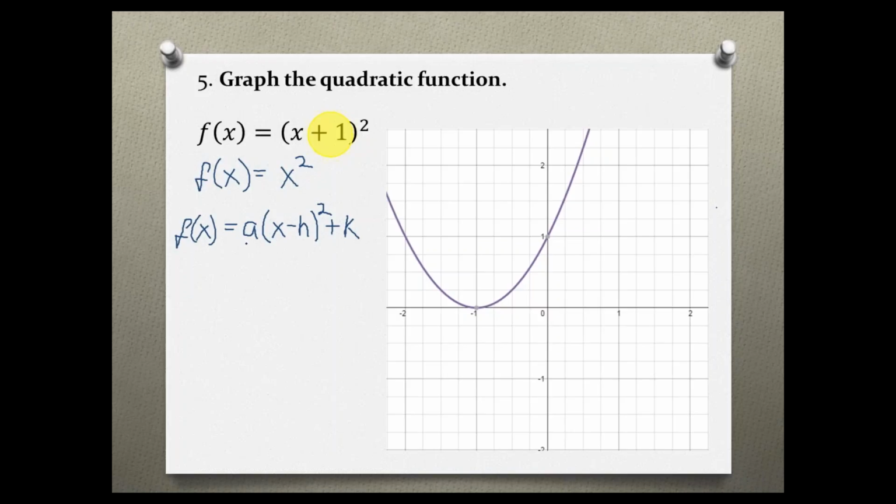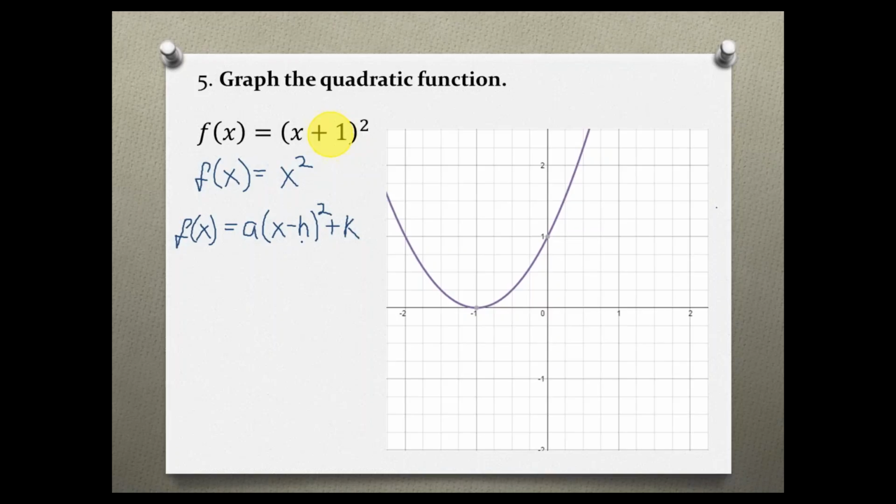So the a is going to indicate if the parabola is opening up or down, depending on if the a is positive or negative. Also, it tells us if the parabola is stretched or shrunk.